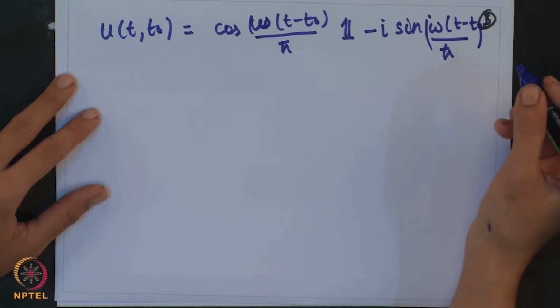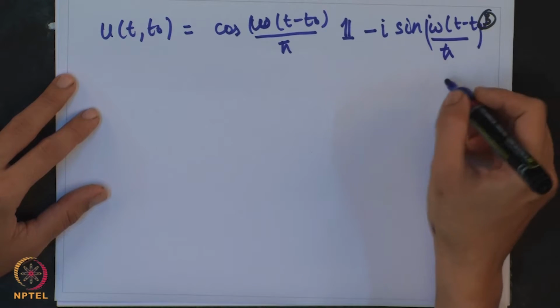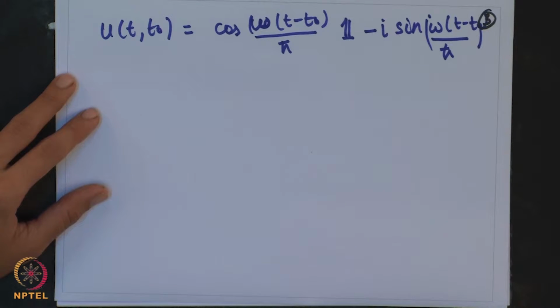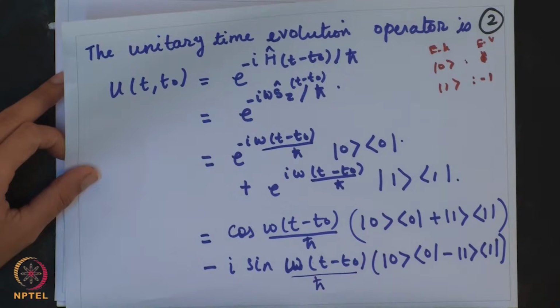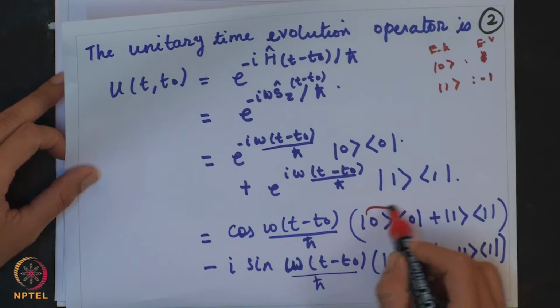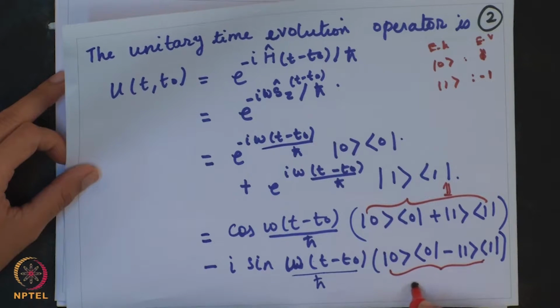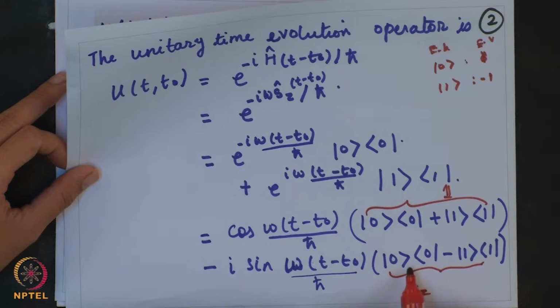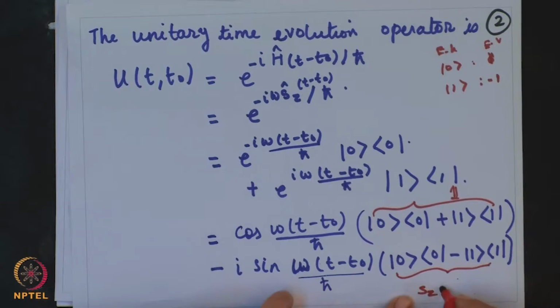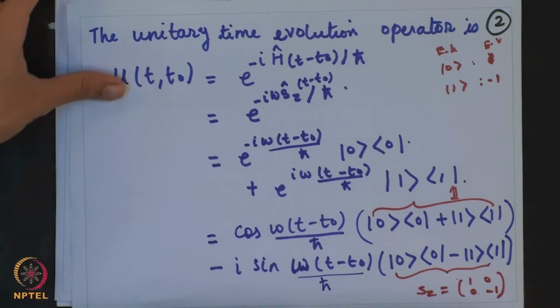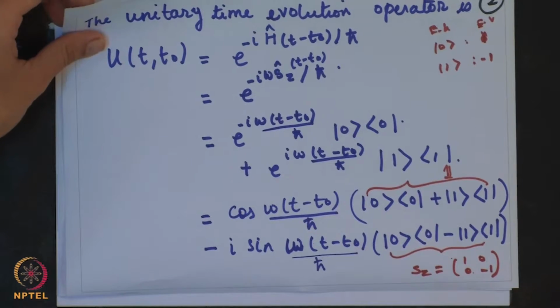This is what we obtain in terms of this term. This would denote the identity operator, the top one. However, this would denote Sz. In the Sz basis, I will have 1 and minus 1. Sz, you know, is the matrix 1 0, 0 minus 1. So, in terms of the eigenbasis of Sz, you obtain Sz.